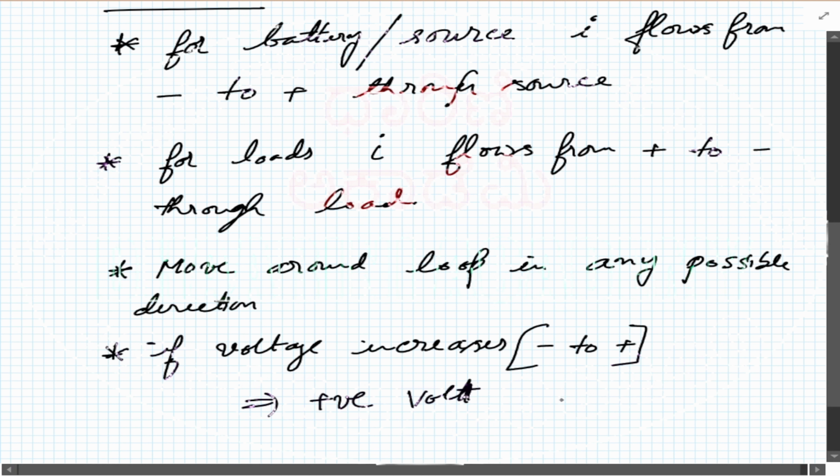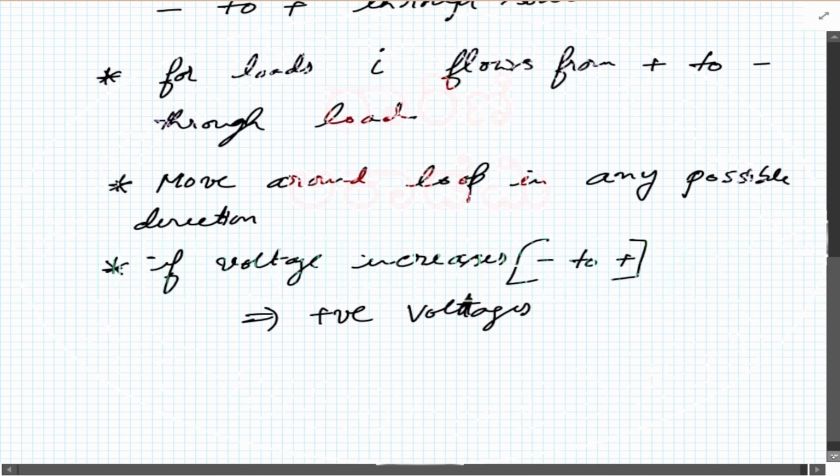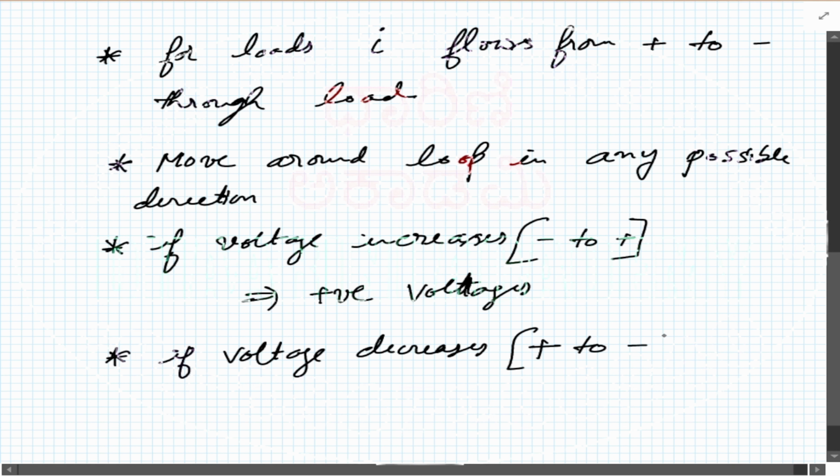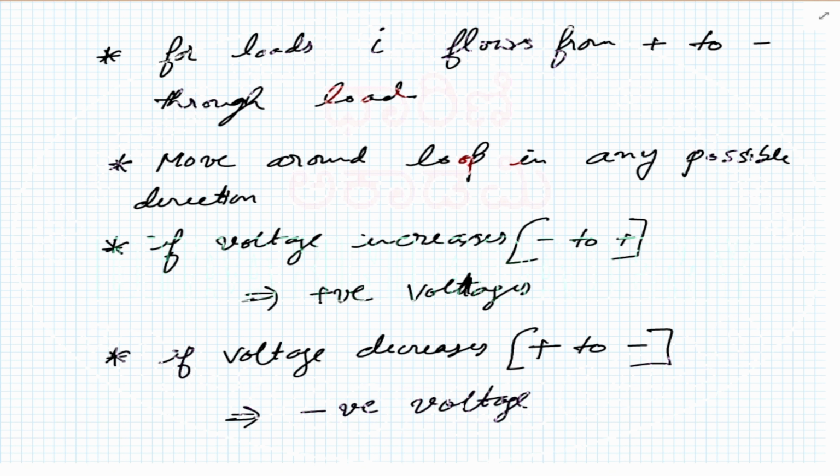Then say the voltage decreases. A decrease means it goes from plus to minus. If you see a voltage which goes plus to minus, then that voltage is negative. This convention is going to generate the plus or minus sign of each voltage as per our requirement.